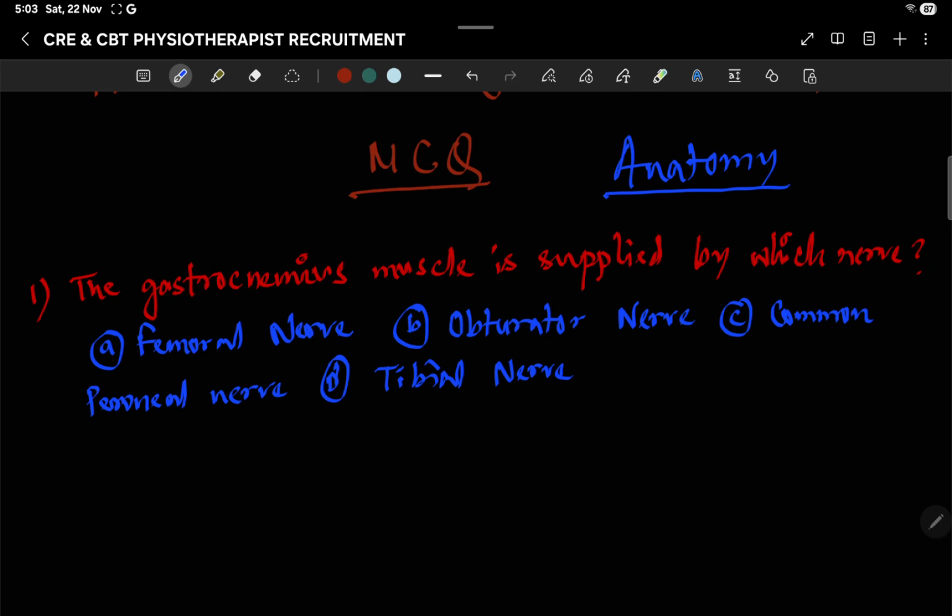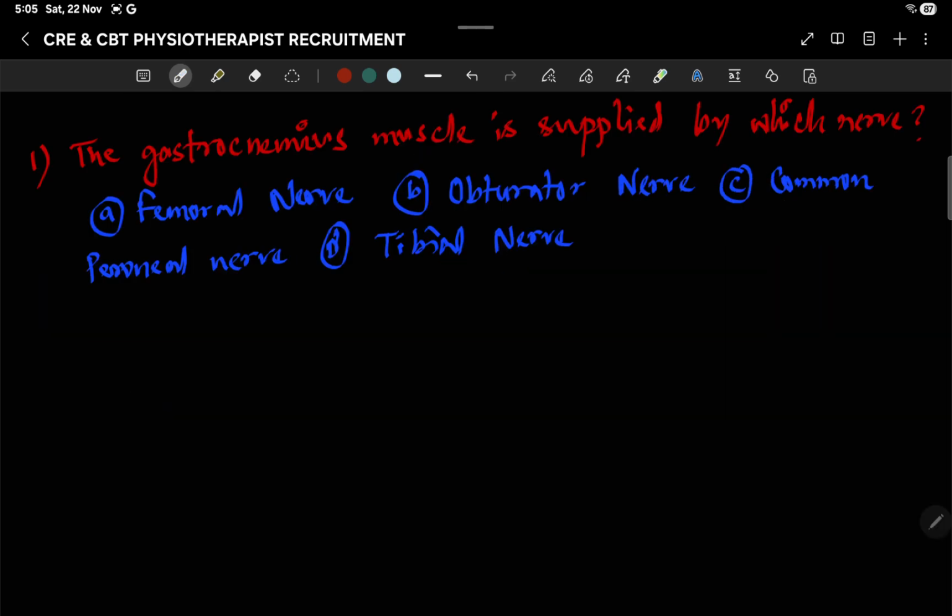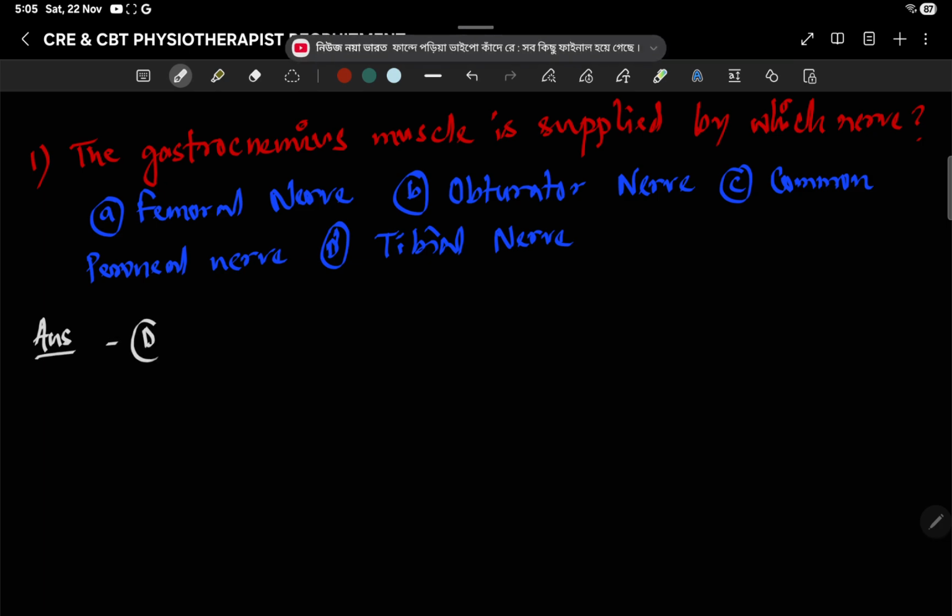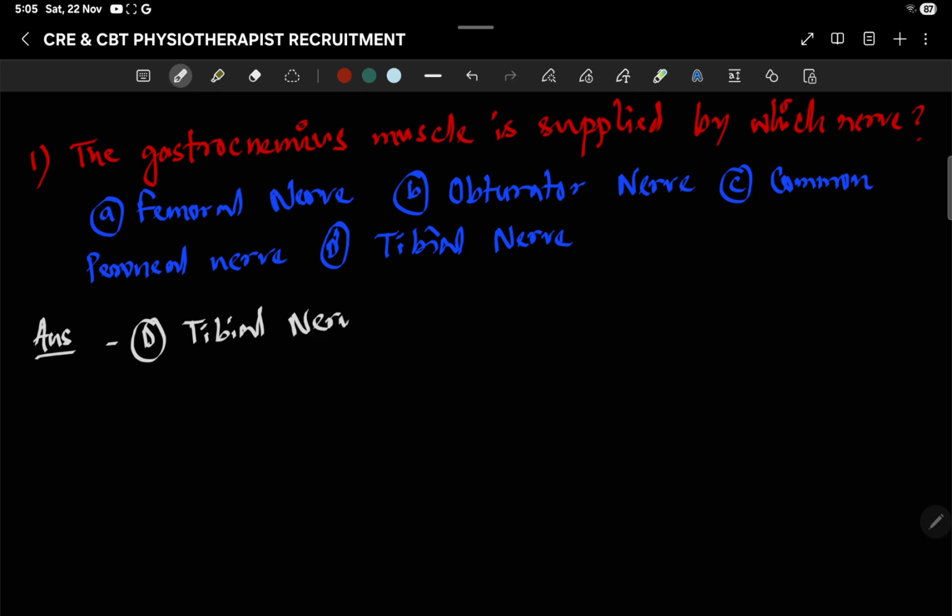So the gastrocnemius muscle is supplied by which of the following nerves? Here is the answer. The answer will be option D, tibial nerve.